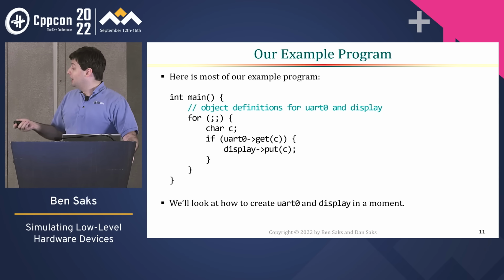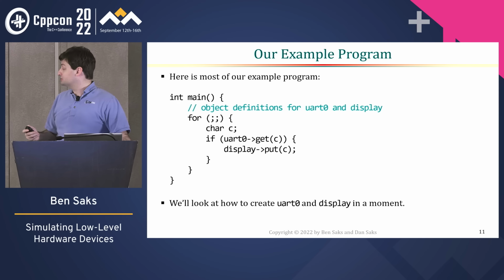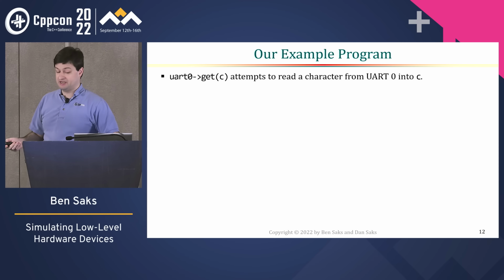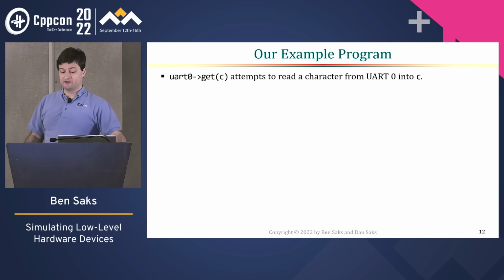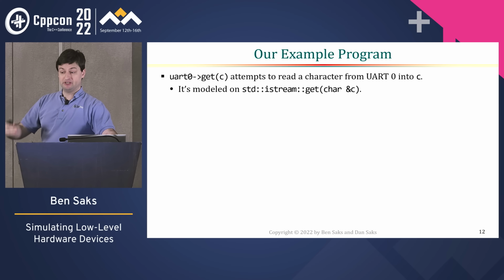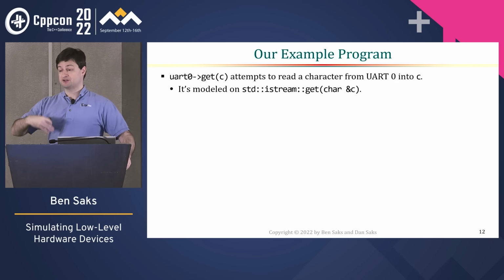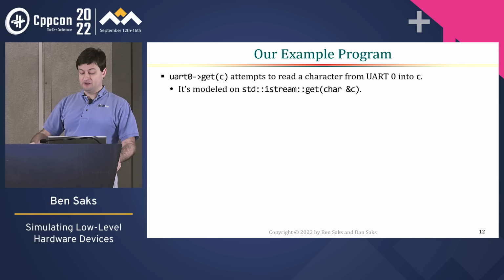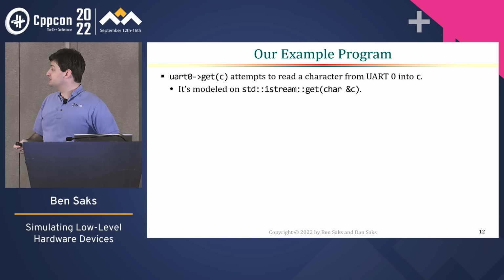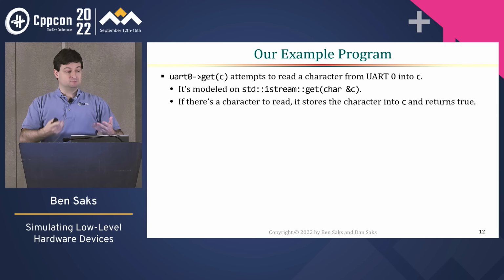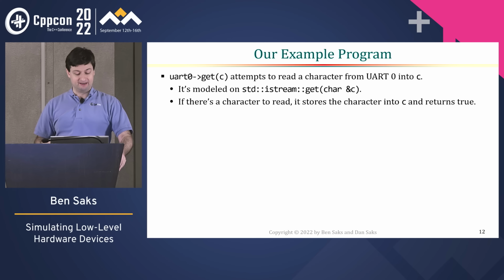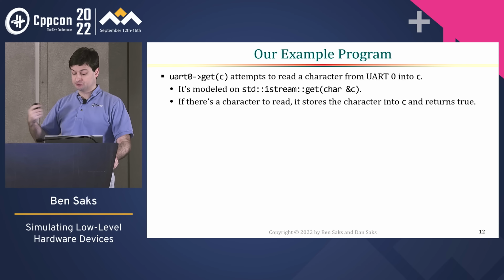So before we dive into creating those objects, just a little bit more detail here. The get function on the UART is modeled on the istream get function. It tries to read in a character from the UART into the argument c. If there's a character to read, it goes ahead, puts that character in c and returns true.